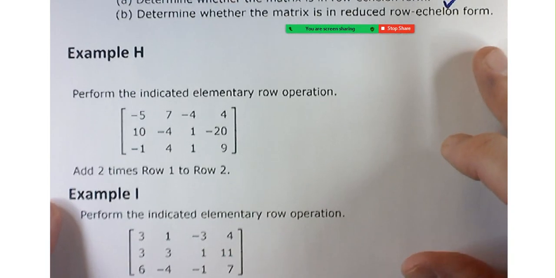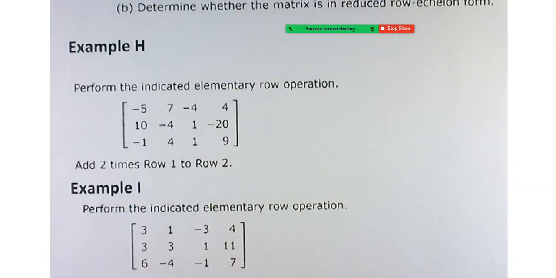Now the trick is putting those things in reduced row echelon form. That becomes a lot of work. So let me see if I've got something set up for us here. Second matrix. No, it's not in that one.